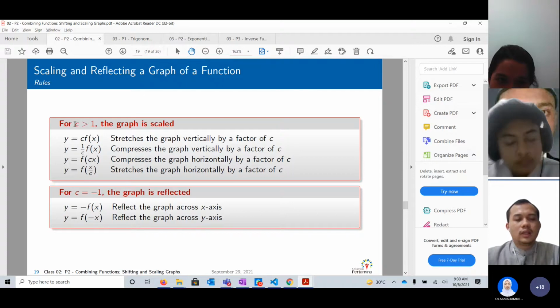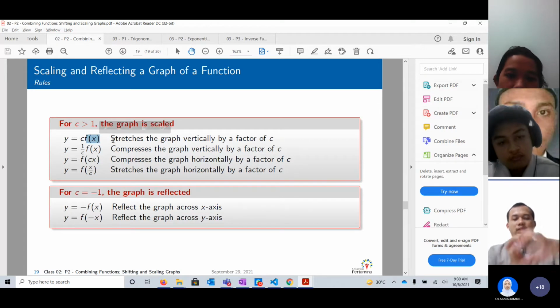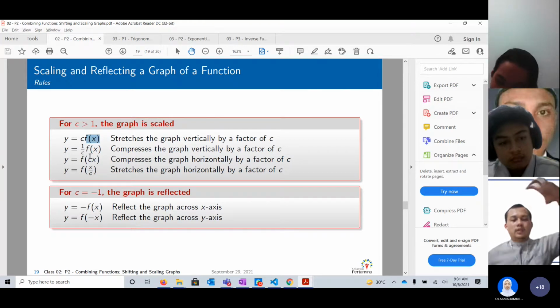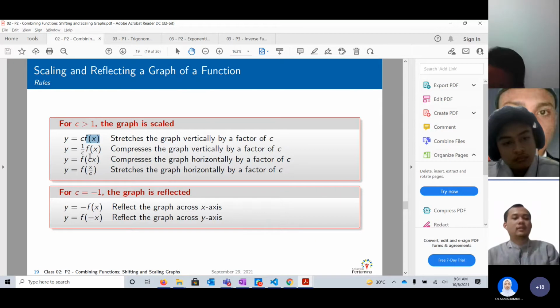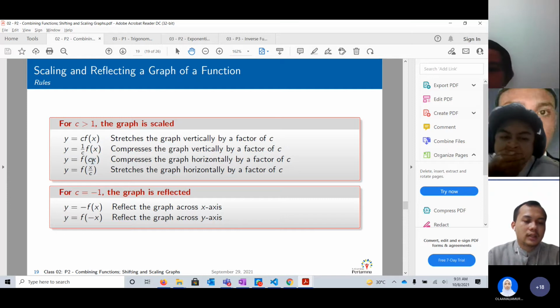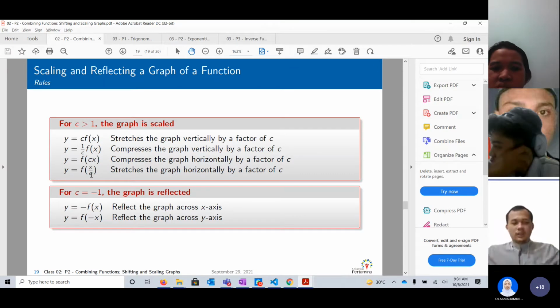So if we have C greater than 1, the graph is scaled by, okay, if we multiply C to the value of f of x, meaning that we stretch the graph vertically by a factor of C. And if we multiply f of x by 1 over C, meaning that we compress the graph vertically by a factor of C. And if we multiply the constant C to x, meaning that we compress the graph horizontally, so we compress it like this by a factor of C. And if we divide x by C, meaning that we stretch the graph horizontally.